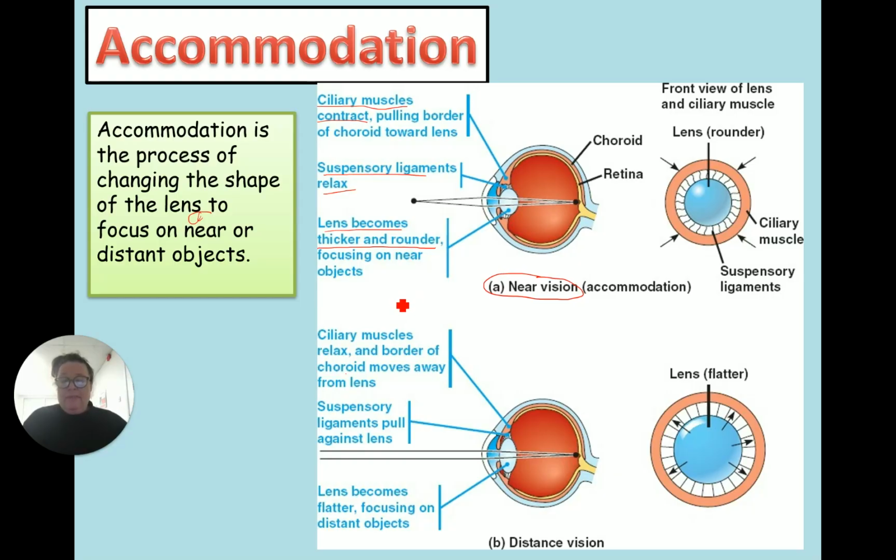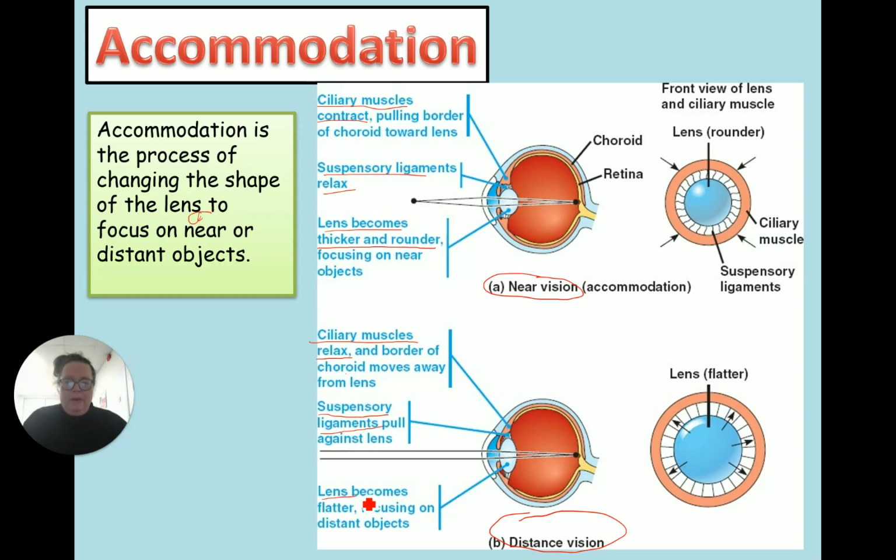Now this is often a 6 marker, so we need to know these. And then when we're looking a long way away, distance vision, exactly the opposite. Ciliary muscles relax, suspensory ligaments pull up. So in this one they relax, in this one they're pulling.